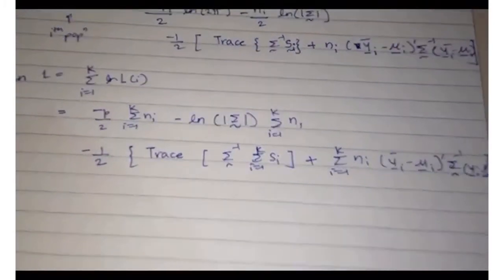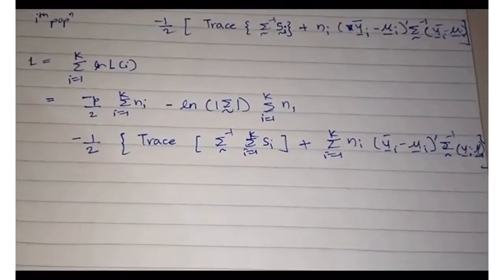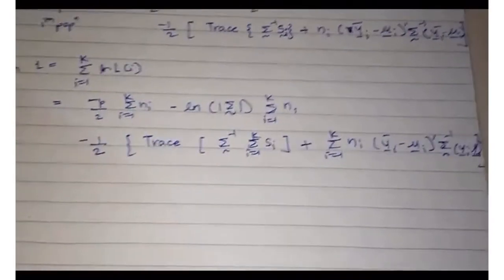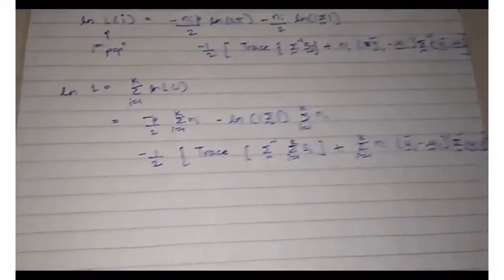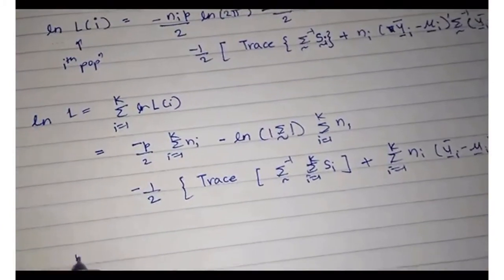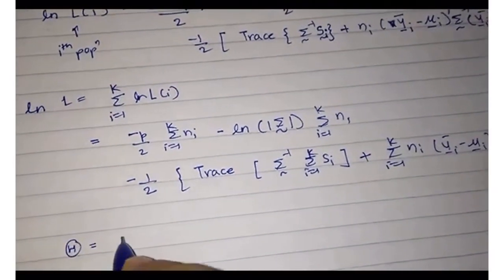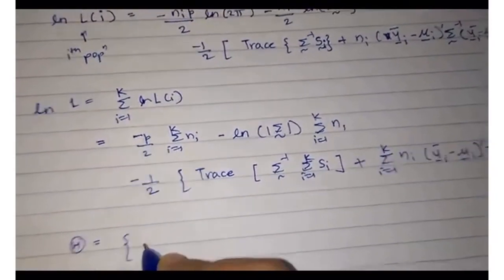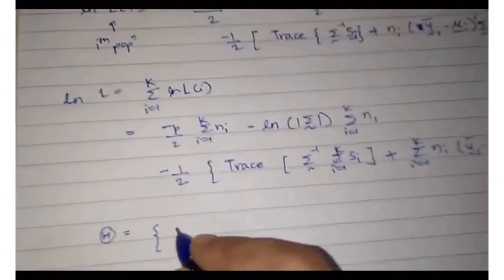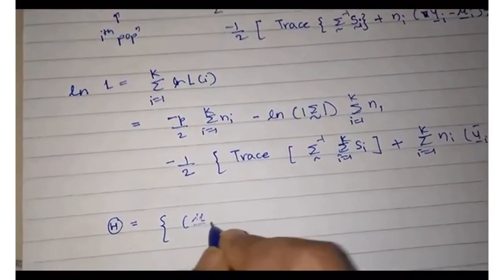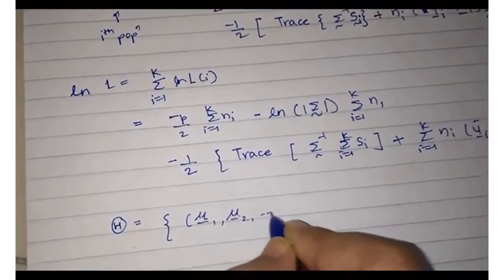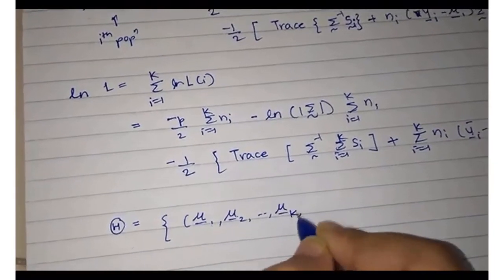Now we have to maximize this likelihood with respect to mu1, mu2, up to mu_k and sigma. Just to make sure that we know the correct parameter space, what will be my script theta here? My script theta, the overall parameter space, is mu1, mu2, up to mu_k and sigma.